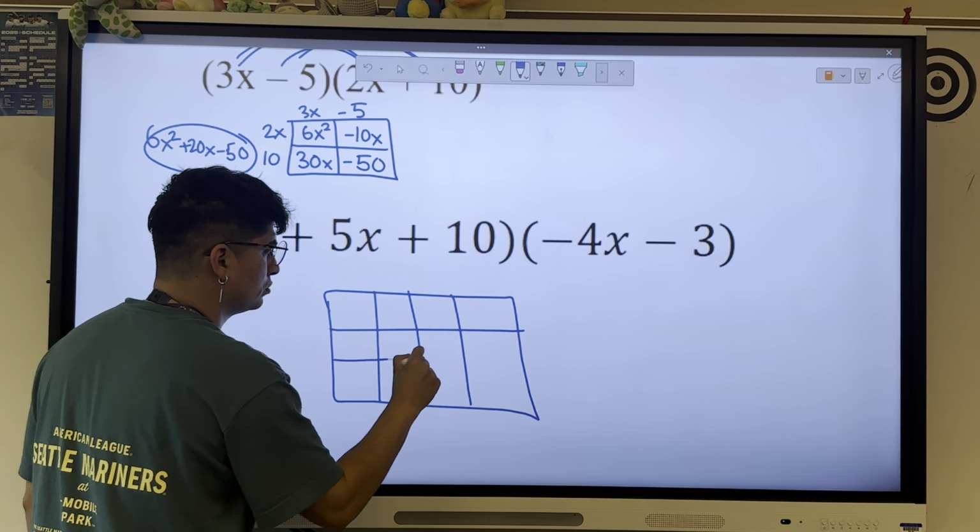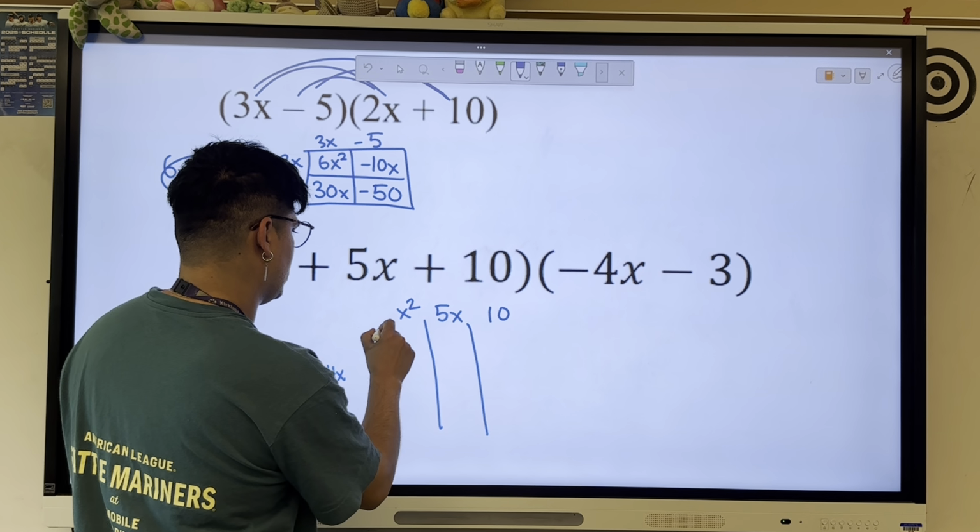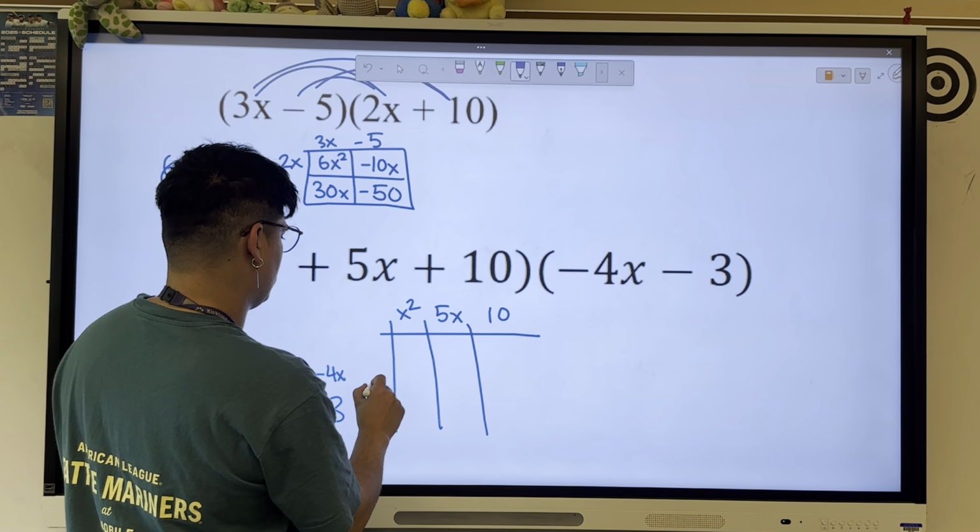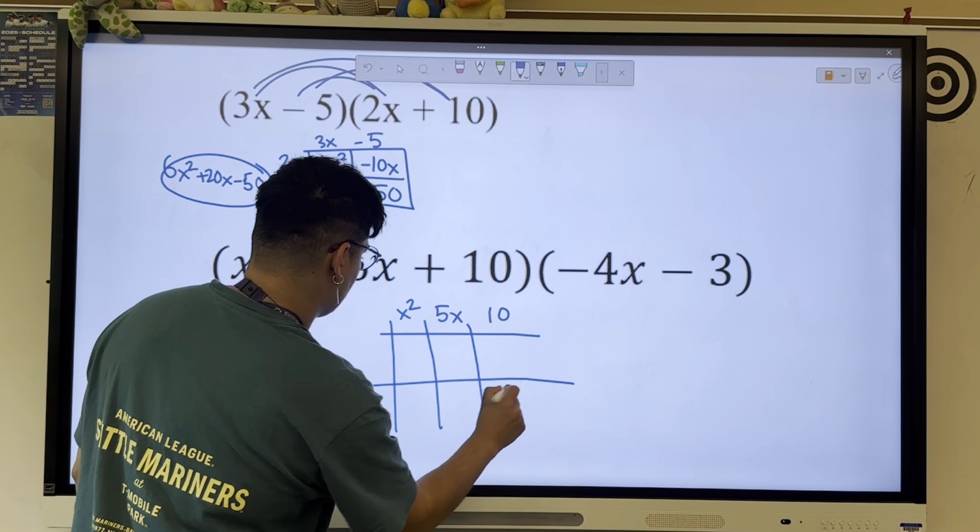I don't know how I messed this box up, actually. It's a really ugly box. Sorry, y'all. I'll just make this bigger. Negative 4x and then negative 3. Again, awkward looking box. I'm sorry.